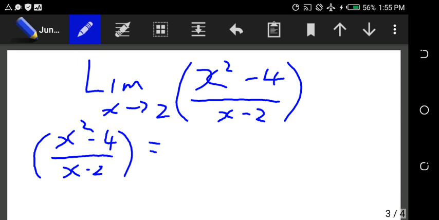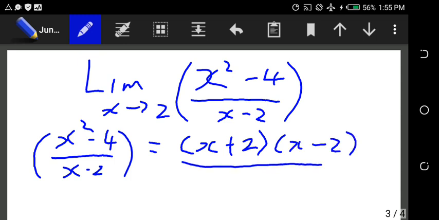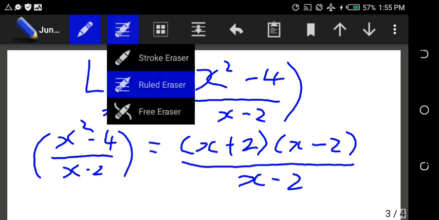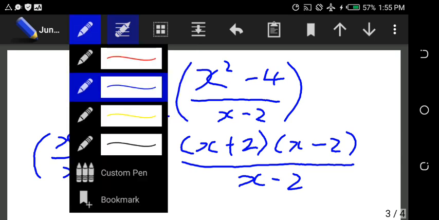In other words, you can write that as x plus 2 into bracket x minus 2, all over x minus 2. So your x squared minus 4 is equal to this.